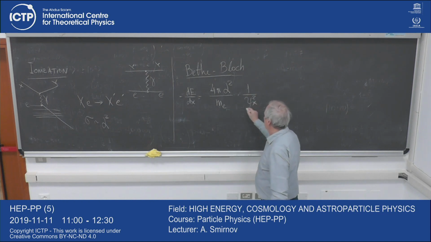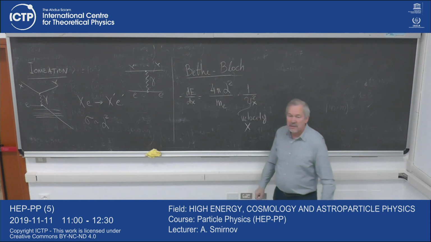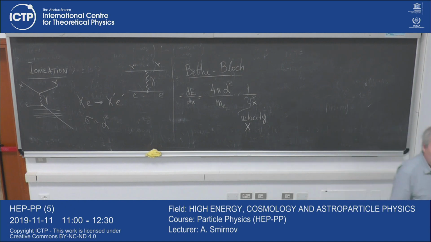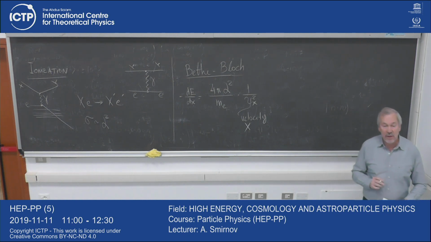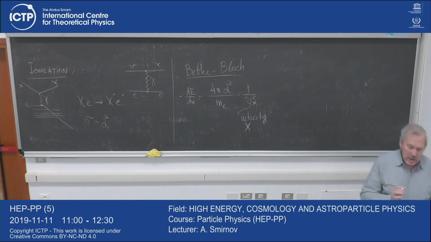Here beta is the velocity of our incoming particle X. Remember this important dependence: ionization energy loss is inversely proportional to the velocity of the particle squared, and therefore the slower the particle moves, the bigger the ionization energy loss.